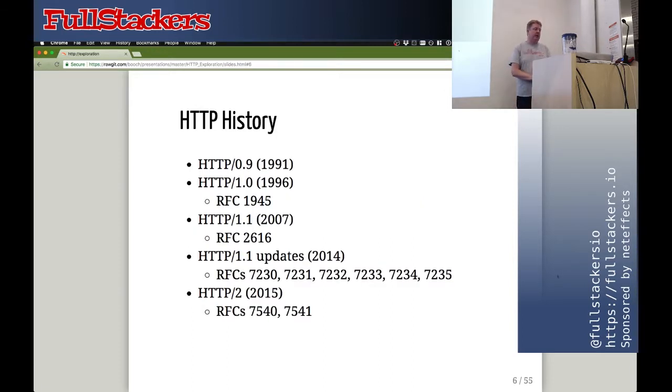So HTTP came about in 1991, and then it was standardized in 1996 with version 1. Version 0.9 is sort of like a retroactively given version number. There's not actually a version 0.9. If you notice, there's a big gap between 1996 and 2007, when updates to HTTP version 1 came out.